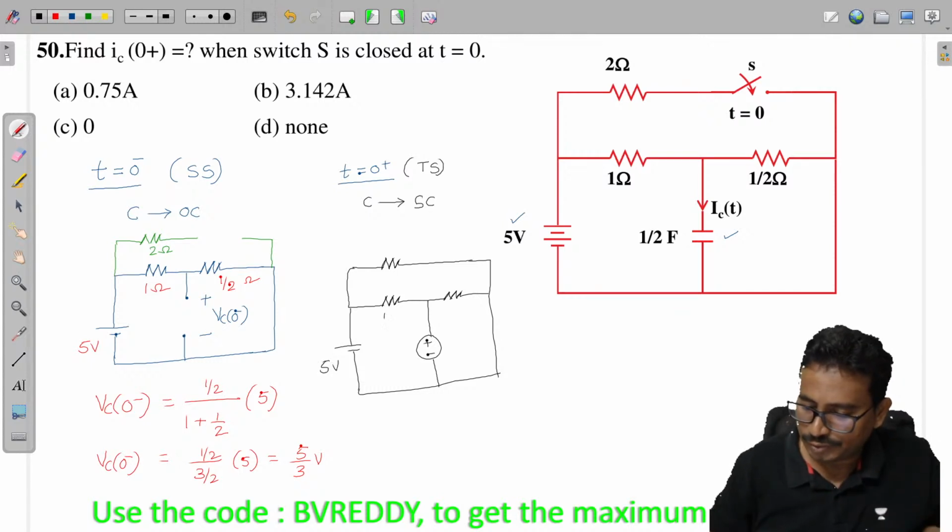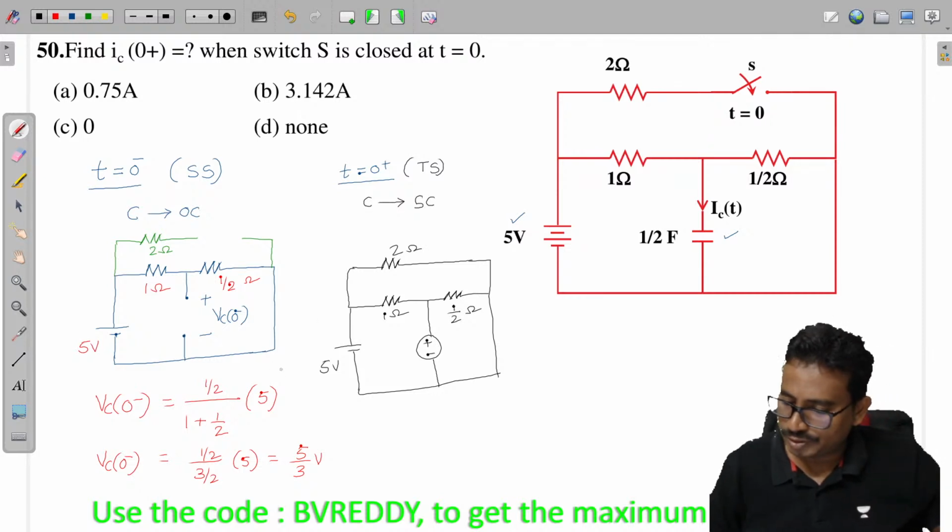This is 5 volts and this is 1 ohm, and here which is 1 by 2 ohms. Now this is 2 ohms, and this voltage which is equal to 5 by 3 volts.